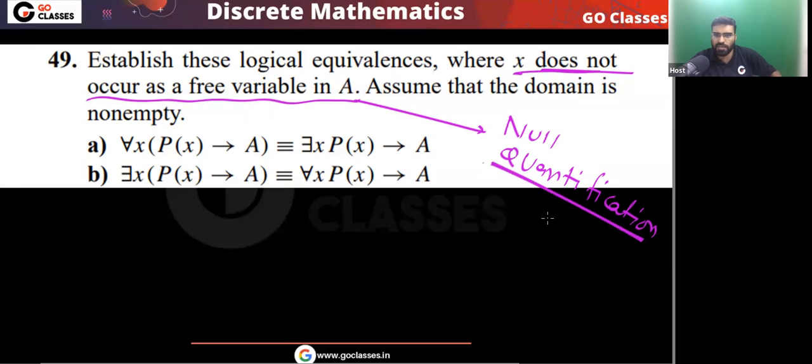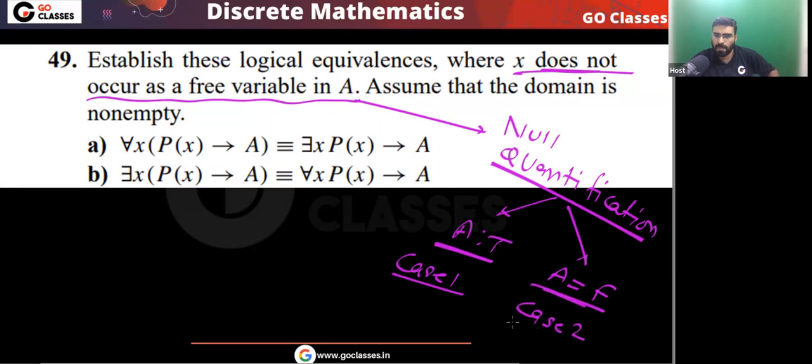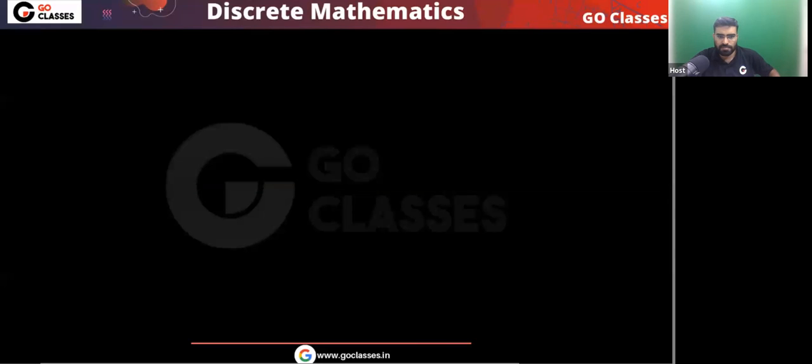When you have null quantification, you can simply create two cases, either A true or A false. Case 1, case 2. Okay, so let's solve this question.